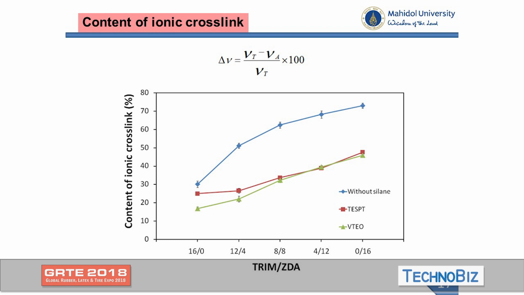Usually, the ammonia atmosphere does not break down only the ionic cross-link, but the filler-filler interaction between silica also breaks down under the ammonia atmosphere and leads to the breakage.